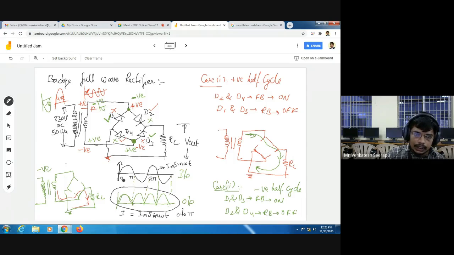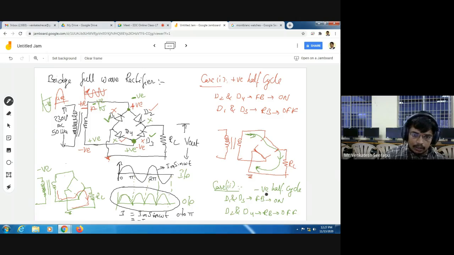See here, for the negative half cycle, the input equation is Im sin omega t. But here I am getting the opposite of this waveform. So the equation at that point is minus Im sin omega t. Here the equation has a minus.